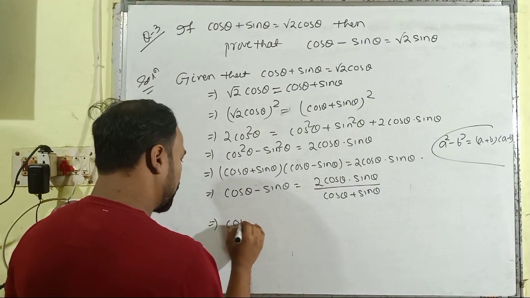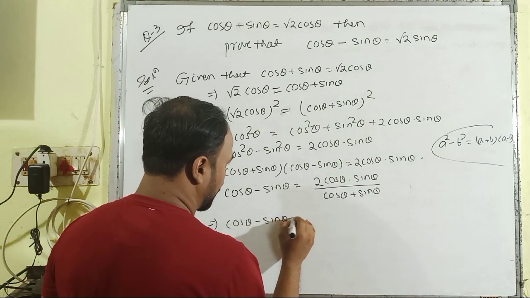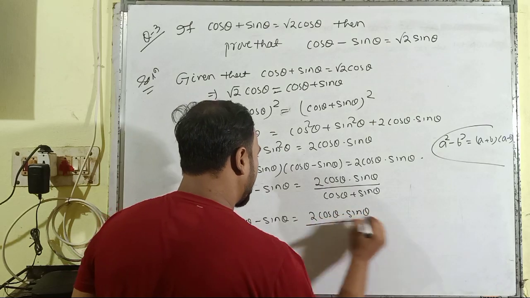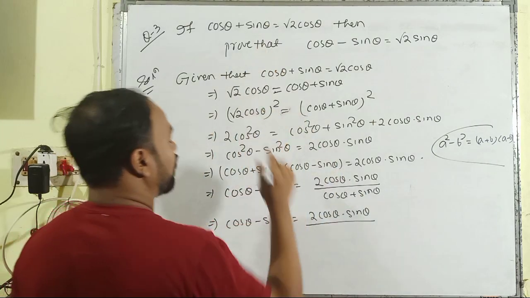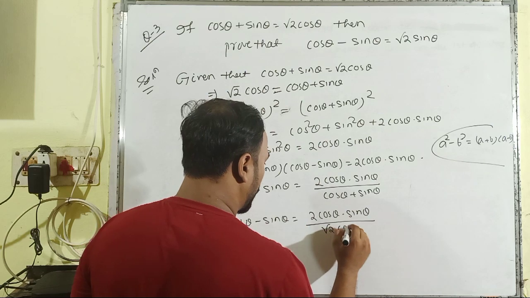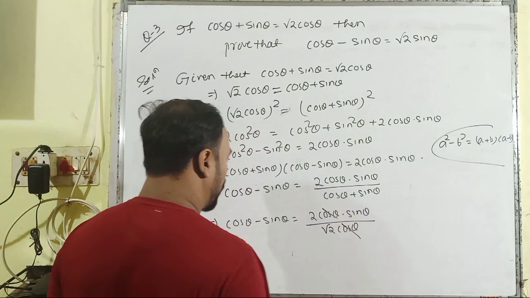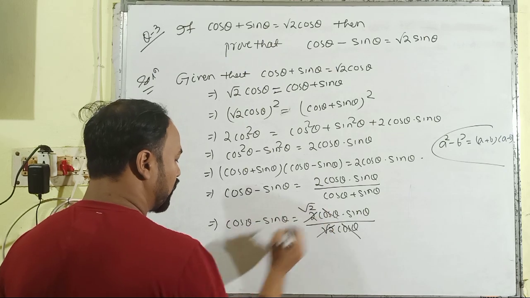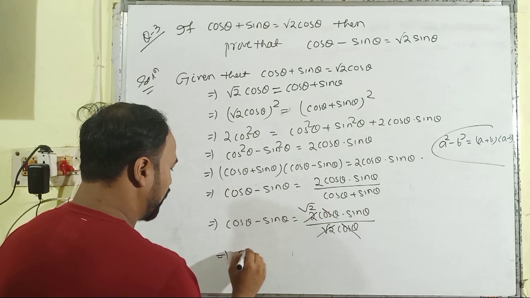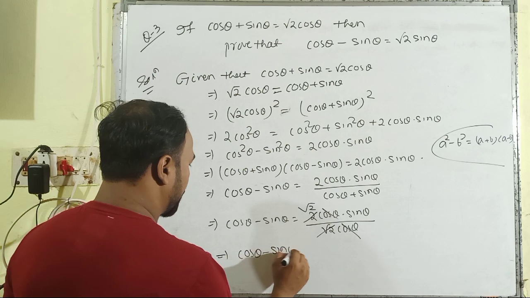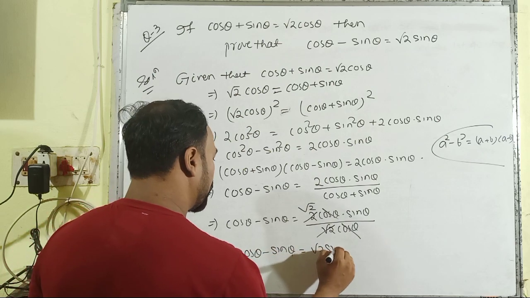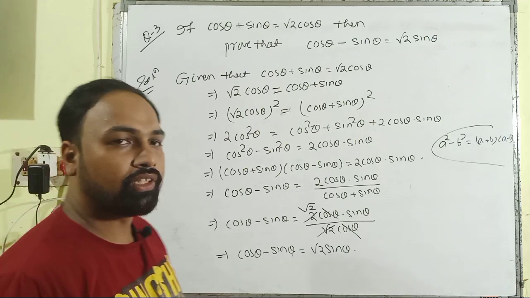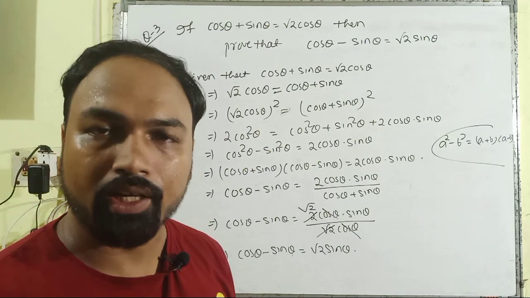Then cos theta minus sin theta is 2 cos theta into sin theta divided by the value of cos theta plus sin theta, which is root 2 cos theta. Cancelling cos and cos here, then cancelling root 2 with 2, we have root 2 in the numerator. So the value of cos theta minus sin theta is root 2 sin theta. So this is all about the 3 problems based upon the trigonometric identity.